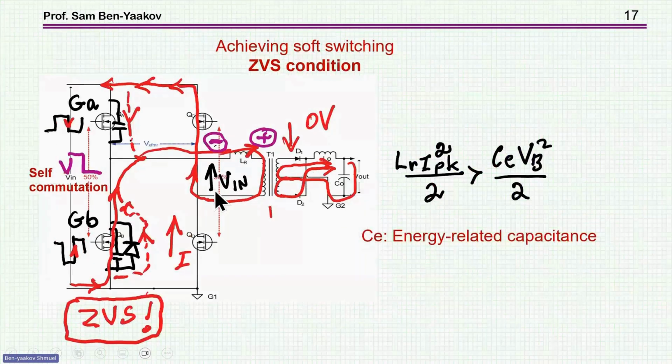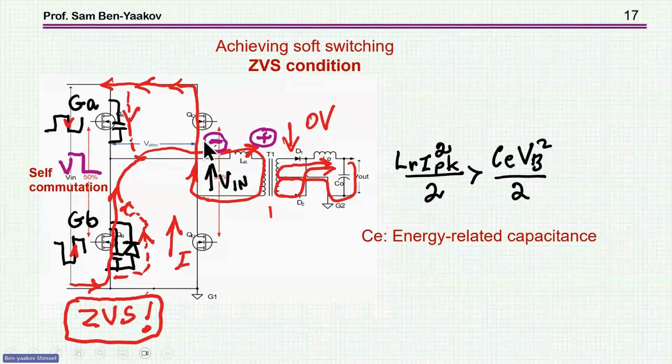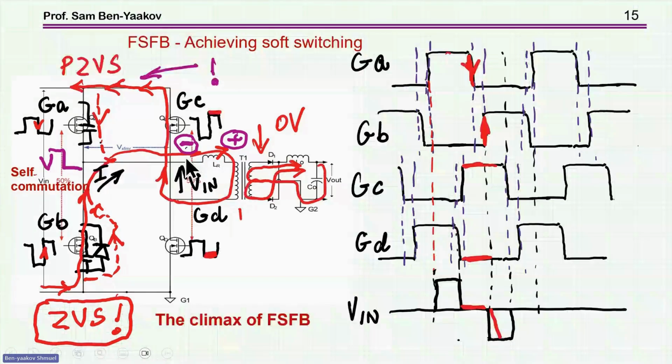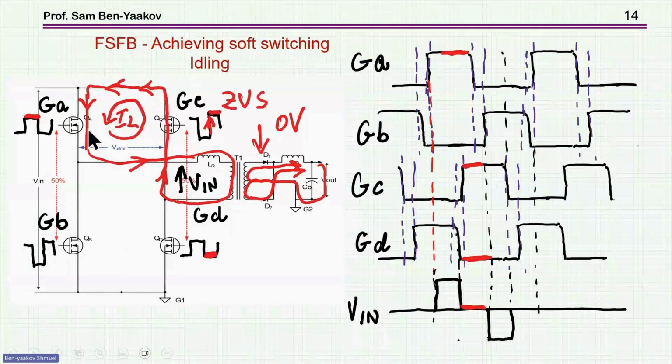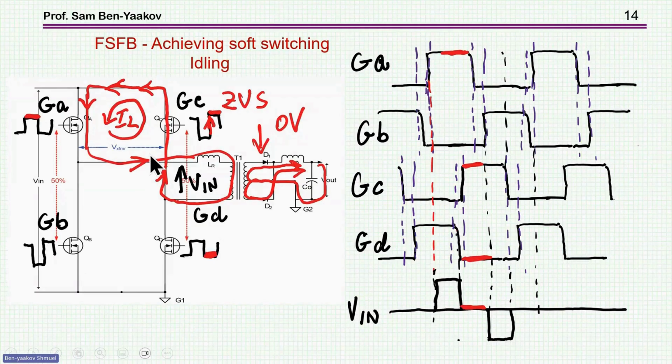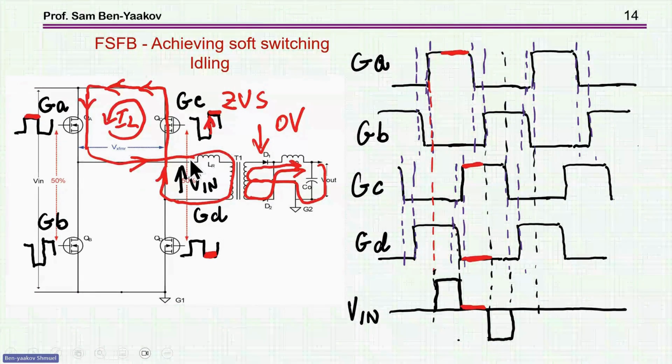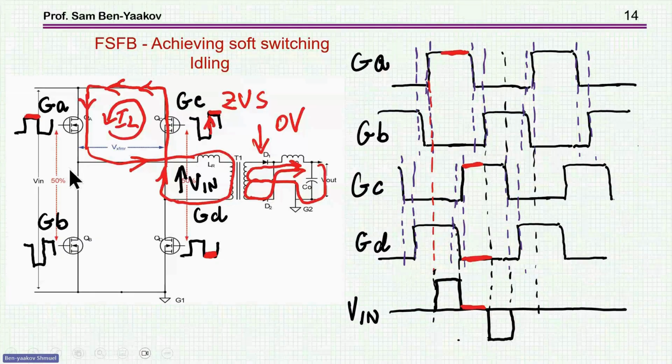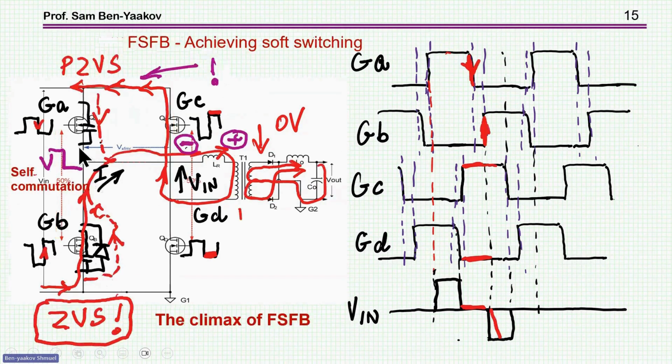Now comes the problem. Now I'm considering the very critical case in which, after we had this circulation, I'm turning off this transistor, and I should have enough energy to move this voltage here from the high voltage to ground by charging or discharging, the way you look at it, of this capacitor.